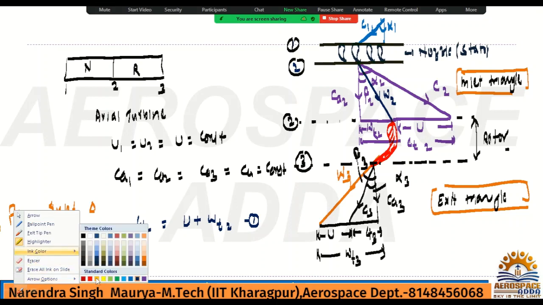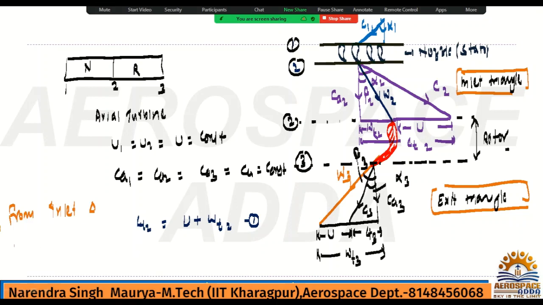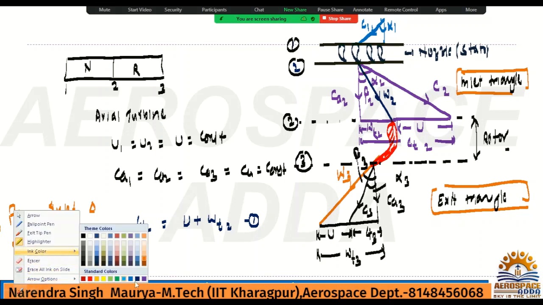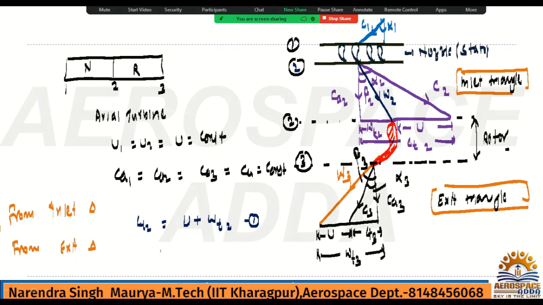Then from the exit triangle, what do we have? From the exit triangle, if you check, basically WT3 is equal to U plus CT3, right? So this is equation 2.